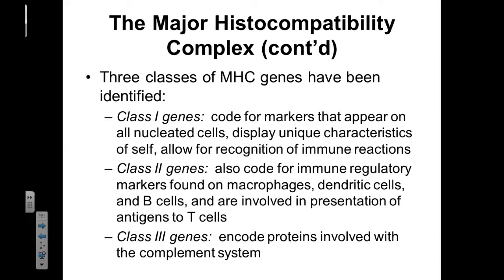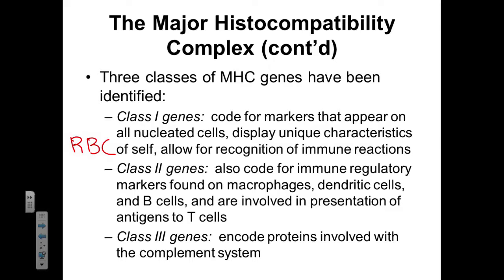There are three broad categories of MHC genes that have been identified. We have class 1, 2, and 3 correspondingly. Hey, that's kind of convenient. Class 1 genes code for the markers that appear on all nucleated cells. So this excludes red blood cells. Red blood cells do not have any nuclei in them. So generally speaking, with the exception of red blood cells, all cells in our body are going to have class 1 MHCs.